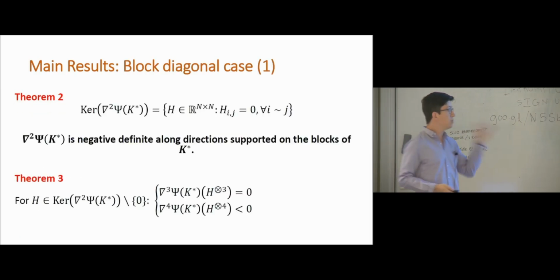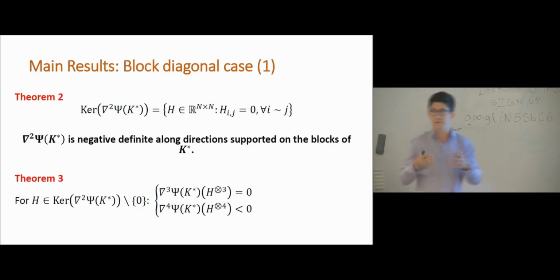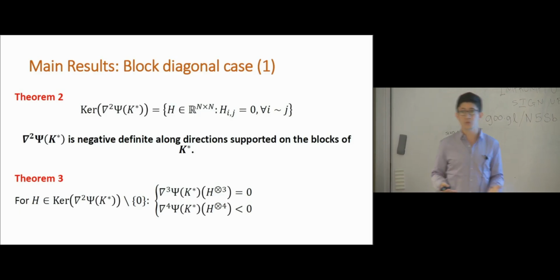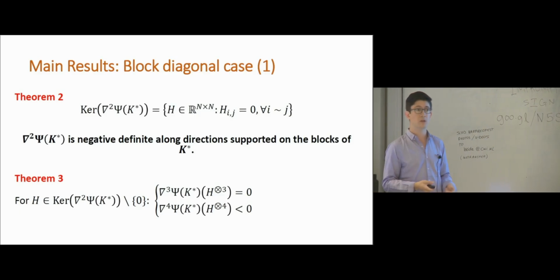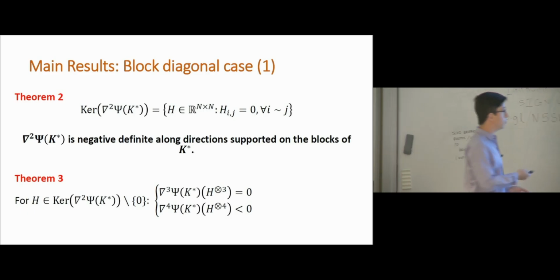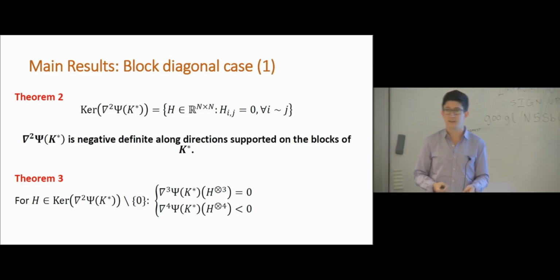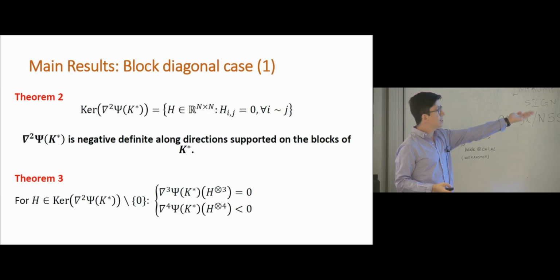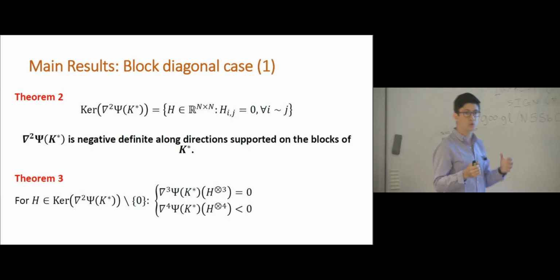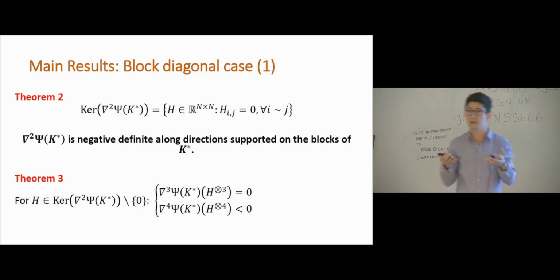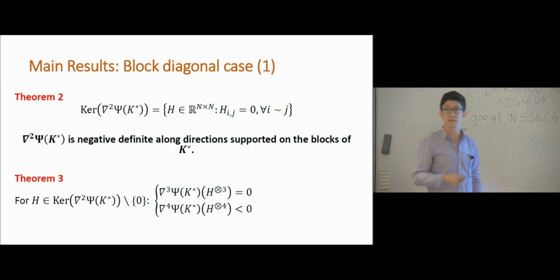But the second theorem is that if K star is not necessarily irreducible, we actually compute the null space of the Fisher information. You have this formula here, I will not take too much time on it, but it basically says that if you restrict the Fisher information on the directions on the matrices H that are supported on the blocks of K star, in the case that K star is block diagonal, then it is definite.